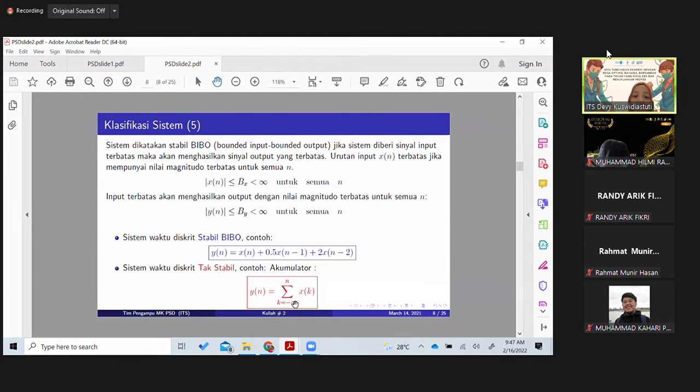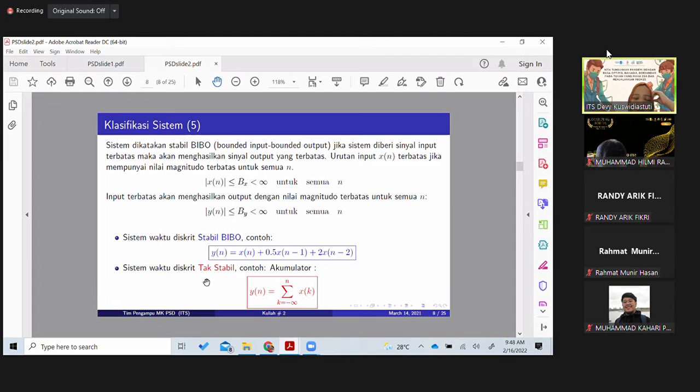It won't have a bounded output on the y[n] part, because we know here that x[k] is probably not infinite, limited, but y[n] is probably infinite, because y[n] is the summation of x[k], and the value will get larger and larger and larger, because it is a summation of this series x[k], and when n goes to infinity, this summation probably will also result in an infinite number.